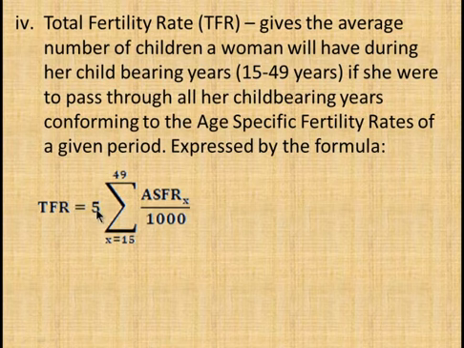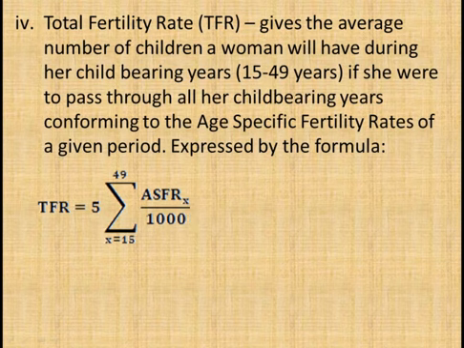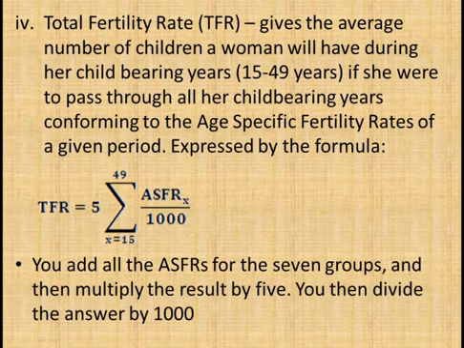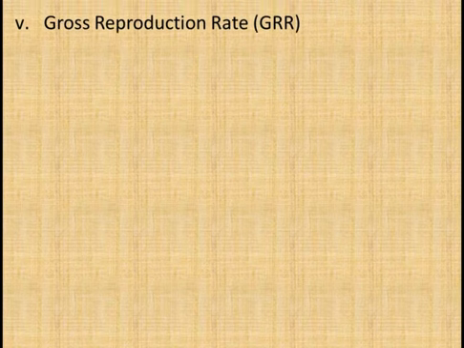And then you divide the result by 1000. That's what this formula in a nutshell says. You add all the age-specific fertility rates for the 7 groups and then multiply the result by 5 and then divide the answer by 1000. We also have another measure which is known as the gross reproduction rate.